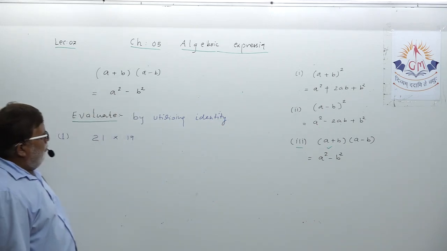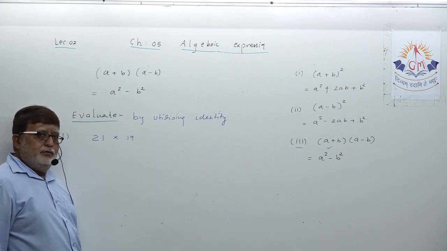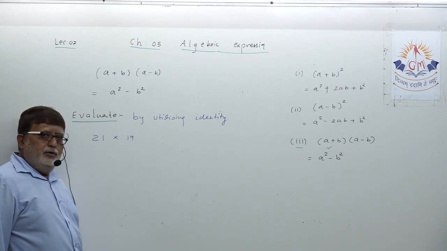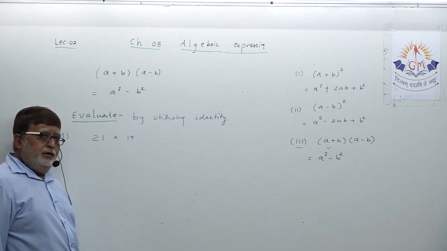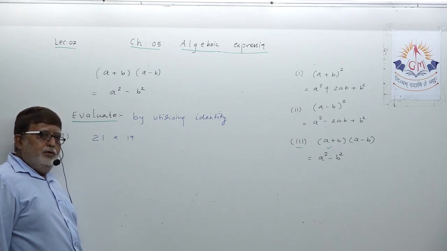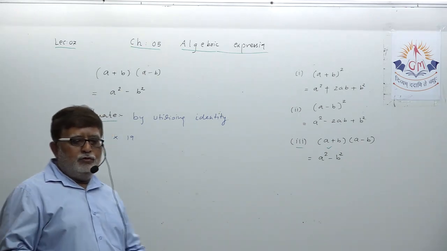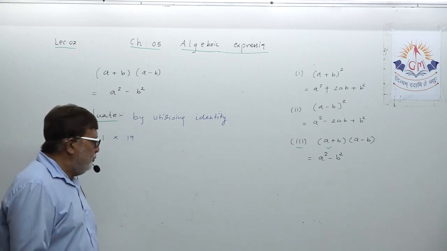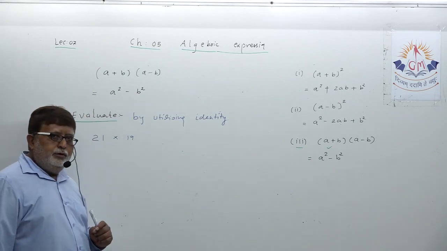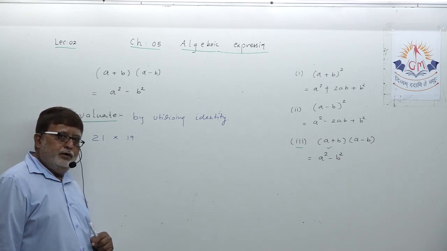So dear students, when you come across such an instruction where you have to evaluate the given product, you do not have to simply multiply both the numbers. No, you do not have to simply multiply both the numbers.